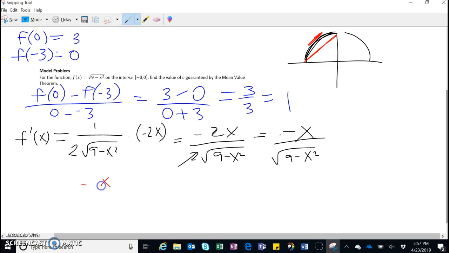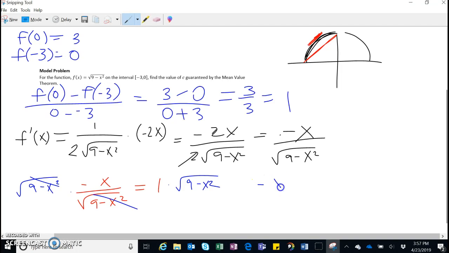So -x over the square root of 9 minus x squared must equal 1. Got to dig in and do some math here. So I'm going to multiply that square root of 9 minus x squared on both sides to get rid of the fraction that I see. Those cancel. So I'm looking at -x equal to, let's see, the square root of 9 minus x squared.